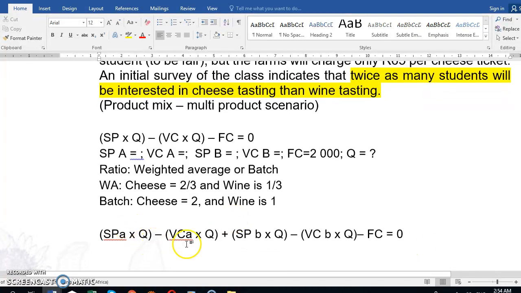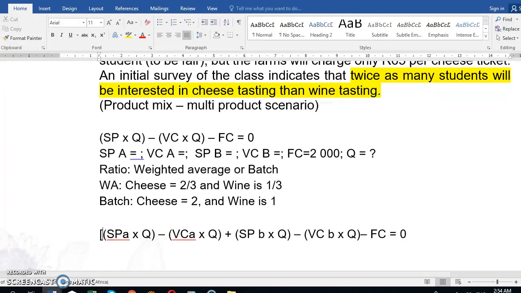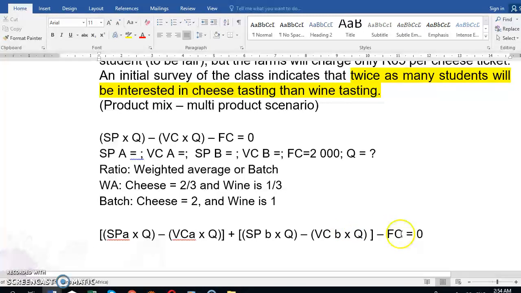Let's call that a bracket, and that is all for product A, and that bracket for product B, and remember fixed cost is not linked to a product.